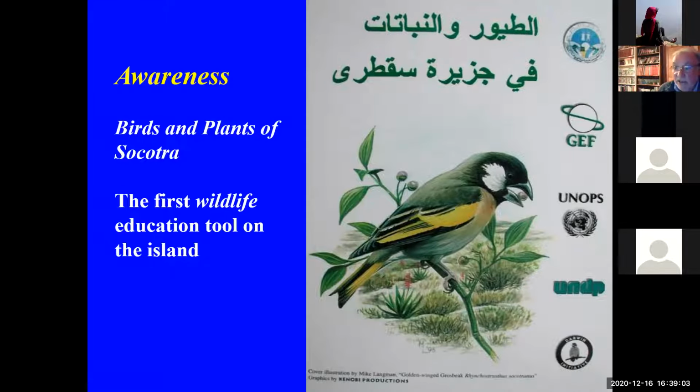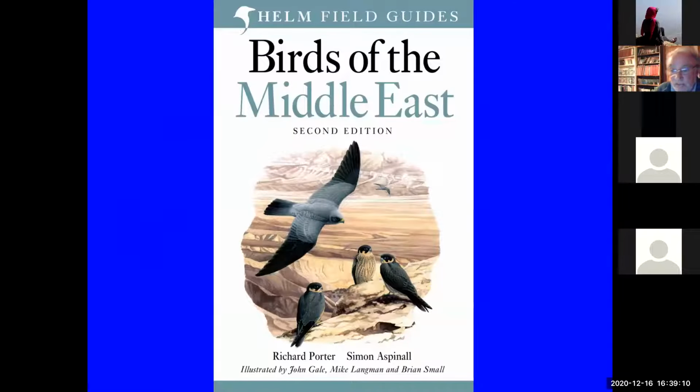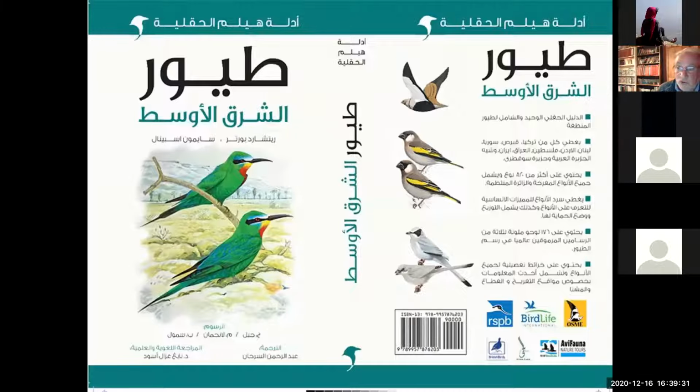And I think updating that for current use would be an important step. And just personally, from my own point of view, my visits to Socotra were very important for gathering data for Birds of the Middle East, the second edition, which I did with my late friend Simon Aspinall, and which has also been translated into Arabic, as we heard earlier from John, by Abdul Rahman Al Khan, and is now available as a free to download app.